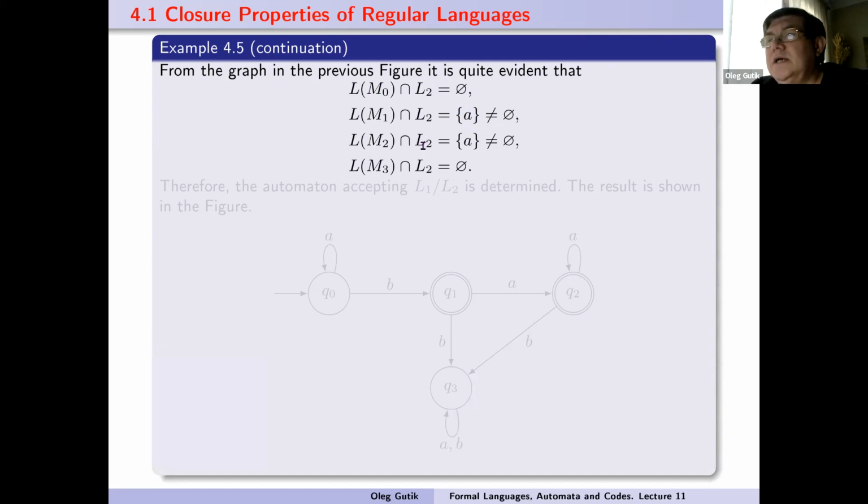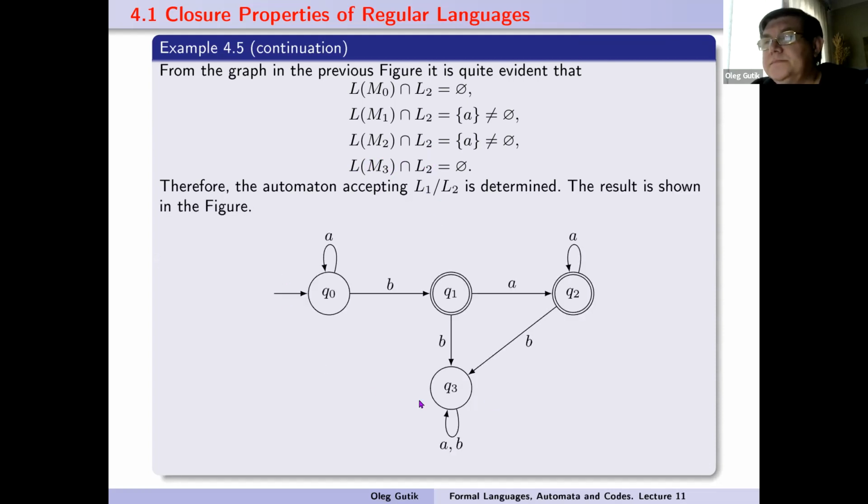Similarly, we have the intersection of L of M2 with L2, and the language accepted by automaton M3 intersected with the language L2 is an empty set. Therefore, the automaton accepting the right quotient of the language L1 with the language L2 is determined. The result is shown in the following figure.